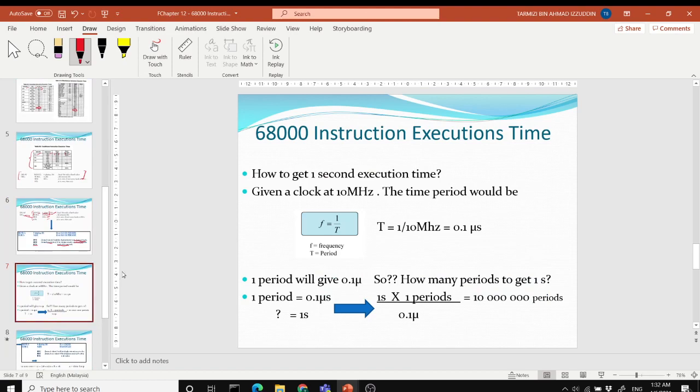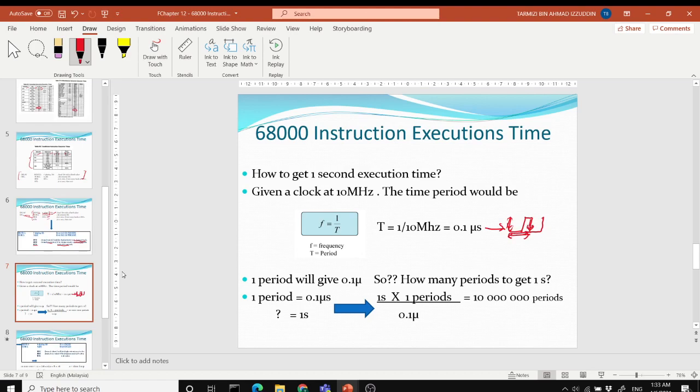so this is, as was shown to you just now, how to get one execution time. Given the clock is at 10 megahertz, then this corresponds to one clock period. This corresponds to one clock period, meaning that if we are taking from here to here, this is what we call the falling edge.